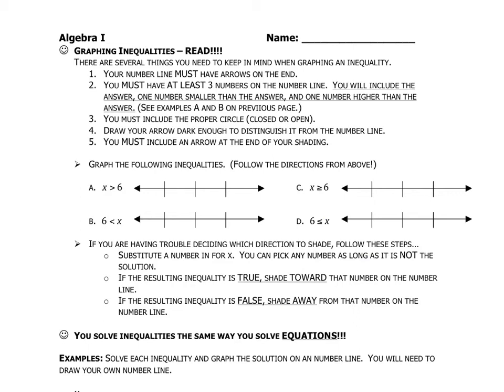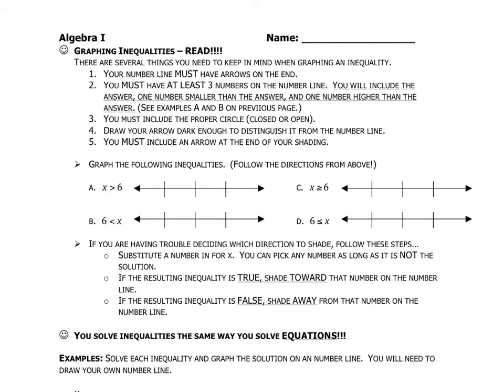I always kind of put 0 on one end, and depending on what way I'm going to be going, I go in that direction. And you'll see here when we do the next 4 problems. You will include the answer, 1 number smaller than the answer, and 1 number higher than the answer. You can look at the examples A and B I did on the previous page.